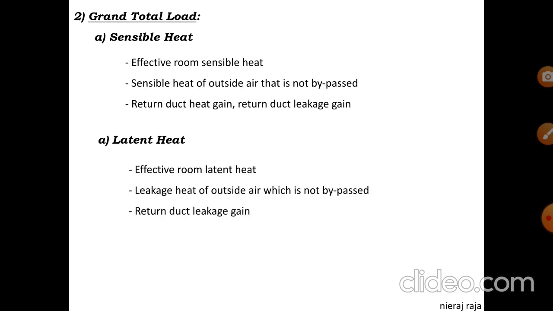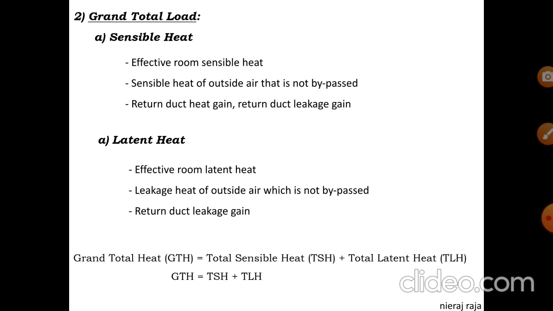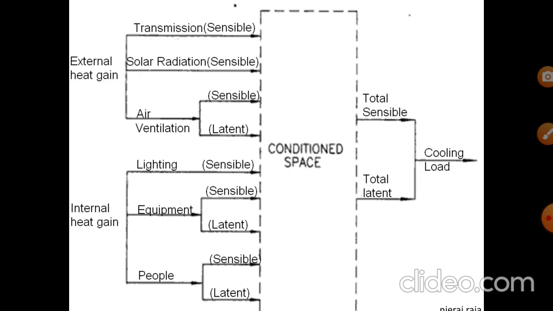Then the latent heat, same thing we are going to discuss again, but in terms of water vapor. And the sum of these two, your room load and your grand total load, gives the grand total heat, that is total sensible heat (TSH) and total latent heat (TLH). This way you can again understand external and internal heat gain.